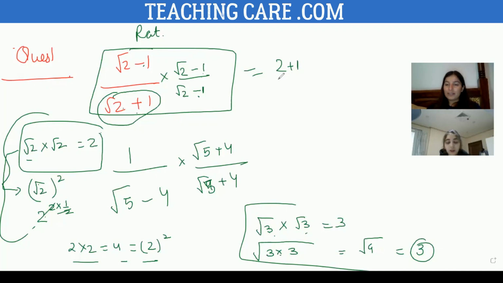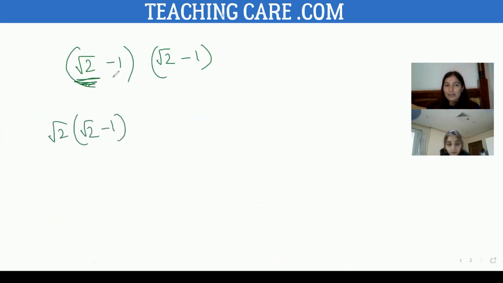That's all in the numerator? Okay, let's discuss this first. So we have square root of 2 minus 1 multiplied with square root of 2 minus 1. I'll take the first one and multiply this with the complete second bracket. Similarly, I'll take the second one, which is minus 1, second term, and again multiply it with the second bracket.